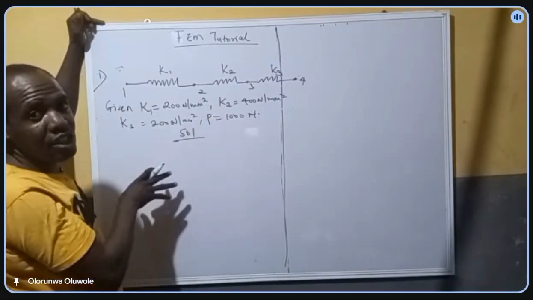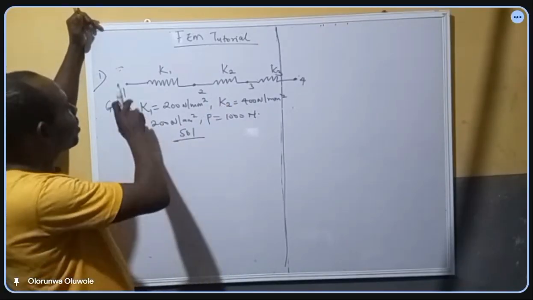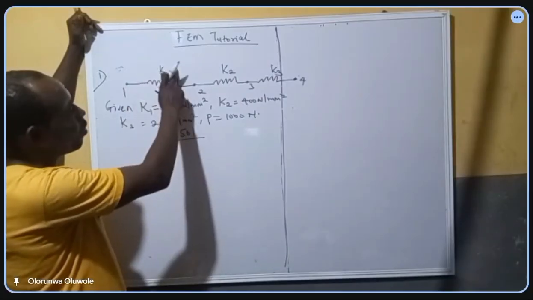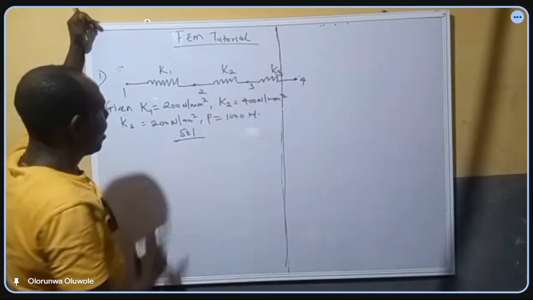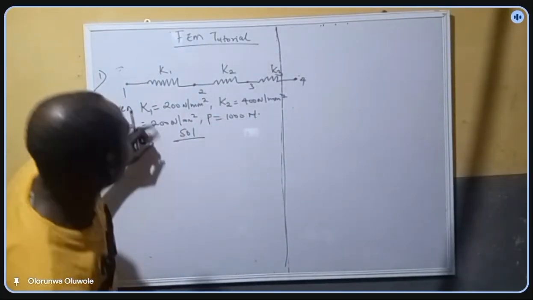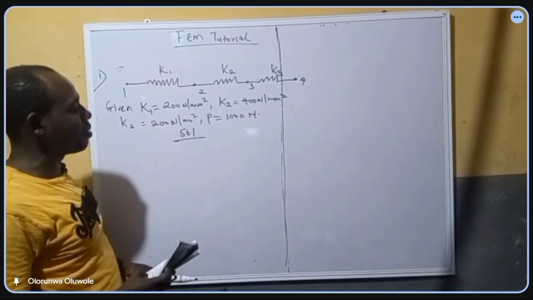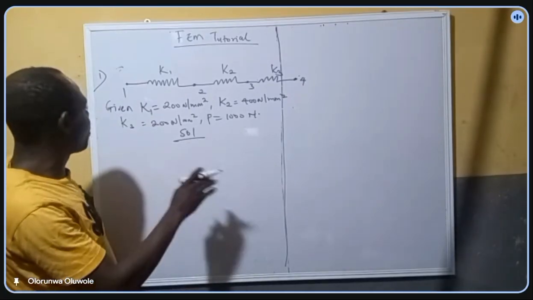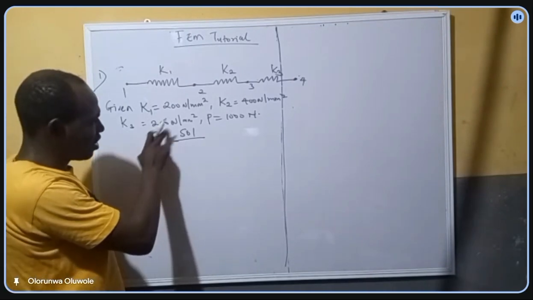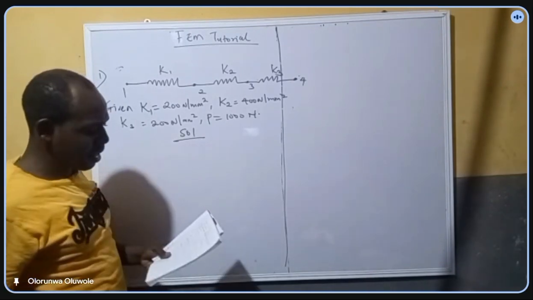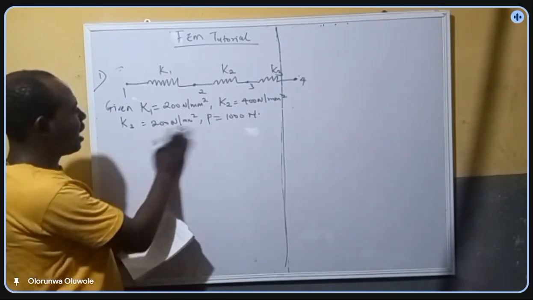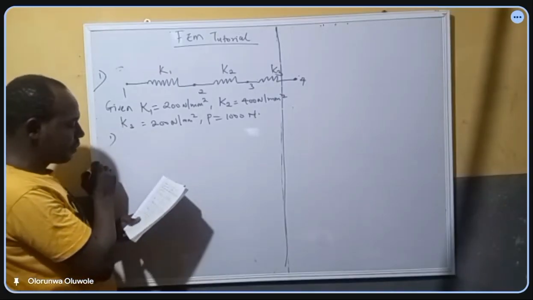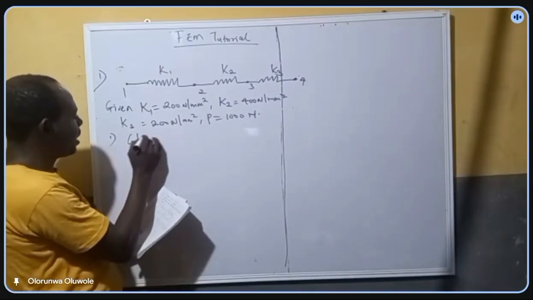We are dealing with the spring first. Look at the diagram. We have springs K, and we are given K1 to be 200 Newton per meter, K2 200 Newton per meter, K3 200 Newton per meter. And we are asked to find, number one, the global matrix.